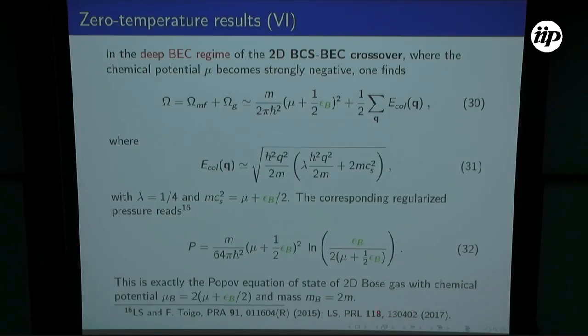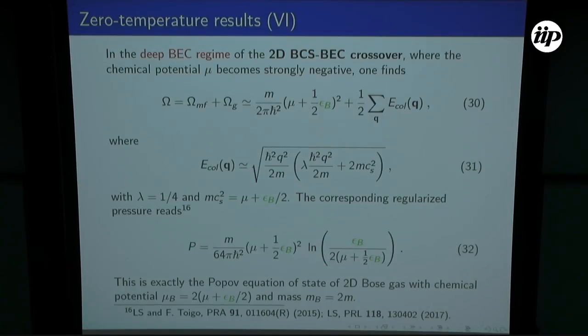Well, here is my PRL of this year, where I extended these results also to a finite range interaction. You will find an analytical formula for the grand potential and immediately the pressure. And what is remarkable is that this analytical formula, taking into account Gaussian fluctuations, has a logarithm.